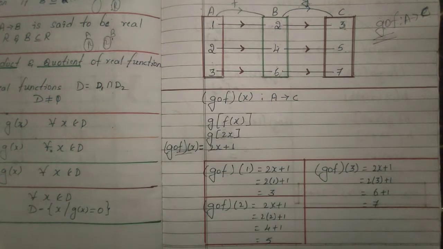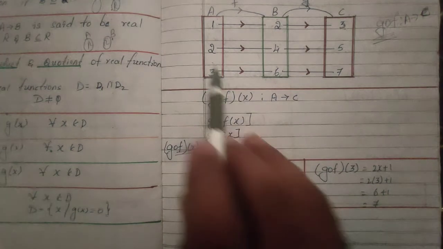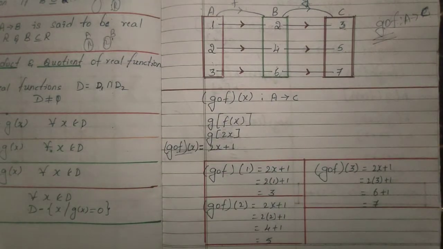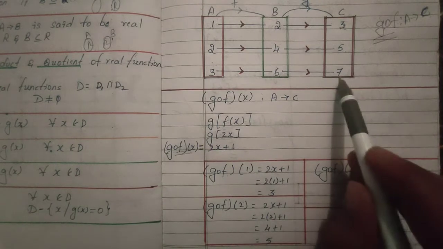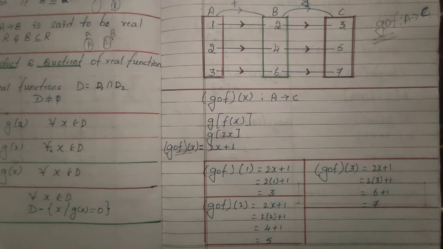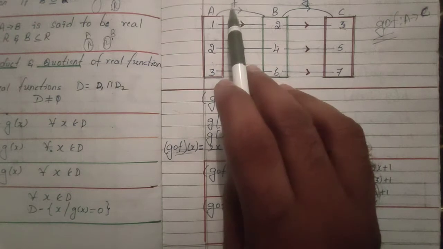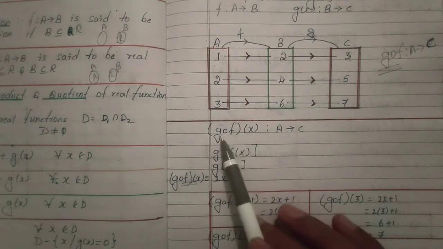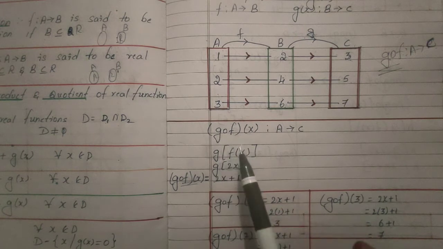Okay? Similarly, GOF of 2: 2 twos are 4 plus 1, 5. For 2, the ultimate result is 5. For 3, 3 twos are 6 plus 1, 7. The ultimate result is 7. This is how we combine two different real functions and name them.